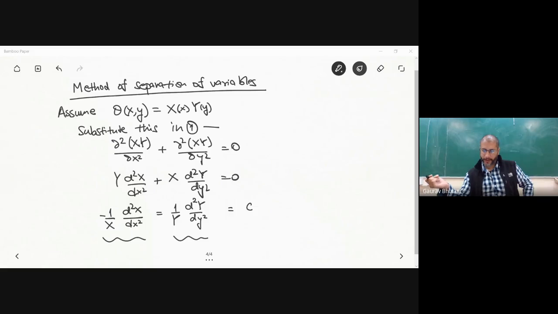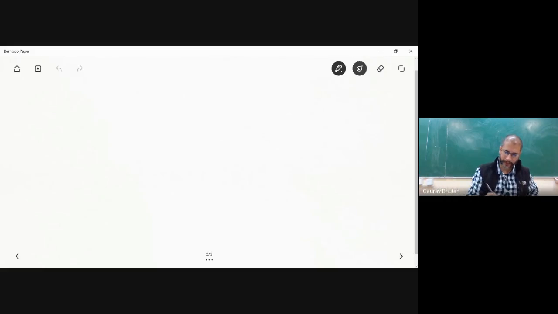All right. So what we'll do now is we will put this equal to a constant and solve this equation. Now this constant c can be either negative, can be 0, or it can be positive. So we take 3 cases now.